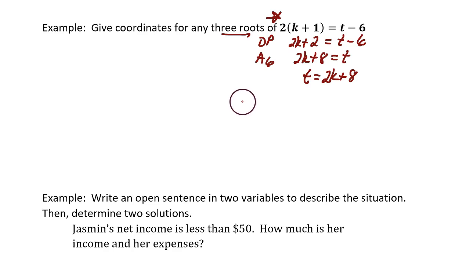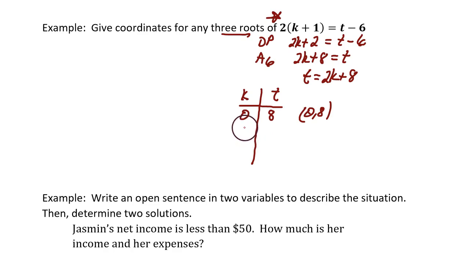Next step is to assign any 3 values we want for k. Let's organize them in a chart. One number that's easy to multiply by 2 and then add 8 is a 0. 2 times 0 is 0, add 8 is 8. 0, 8 is one ordered pair that solves the equation.